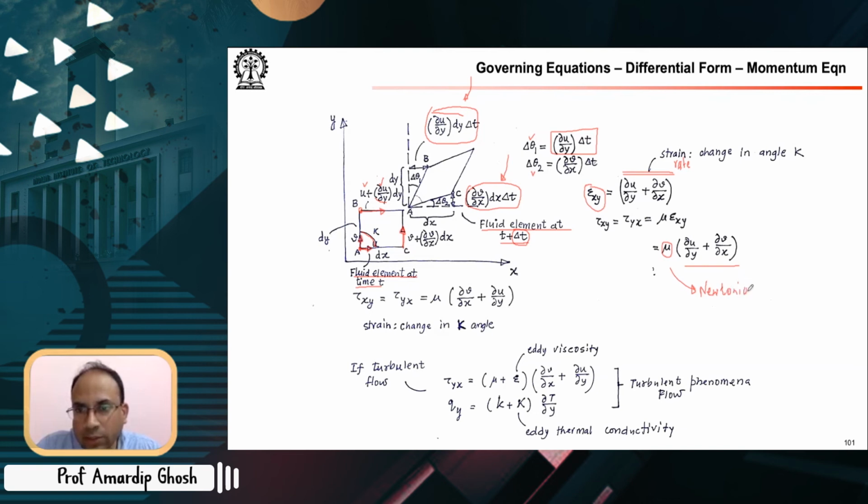So in Newtonian fluids, your stress in the xy plane, or rather the tau xy or tau yx, we will show the equivalence of them maybe in the next slide. This is related to the strain rate, and if it is linearly related like that, then we say that this is a Newtonian fluid.